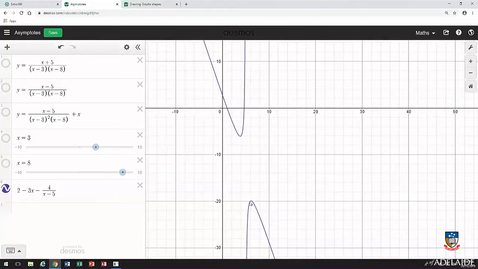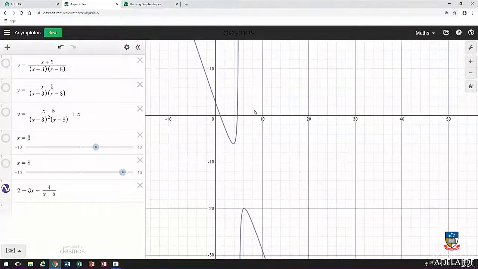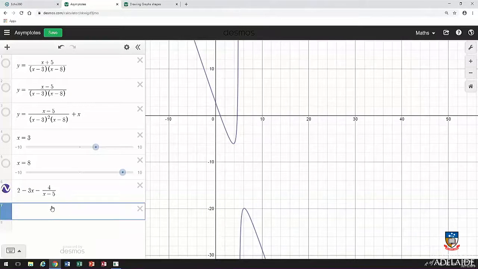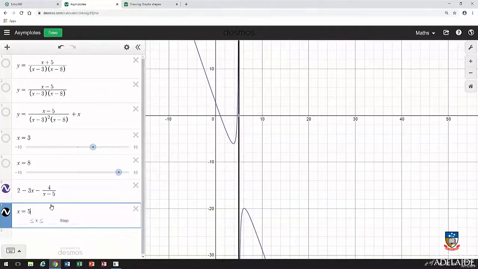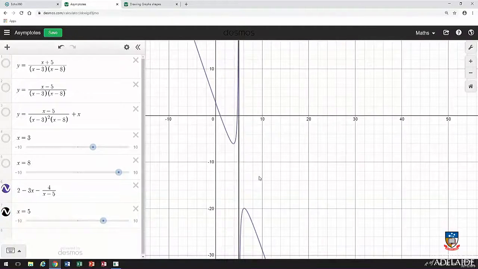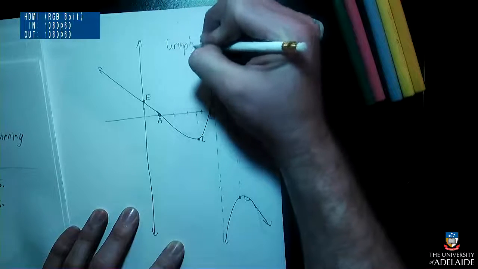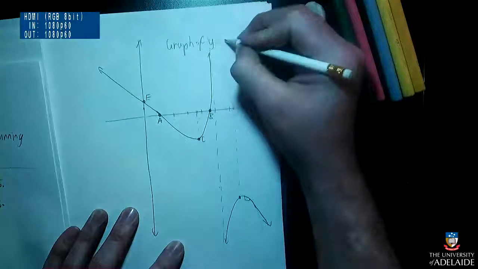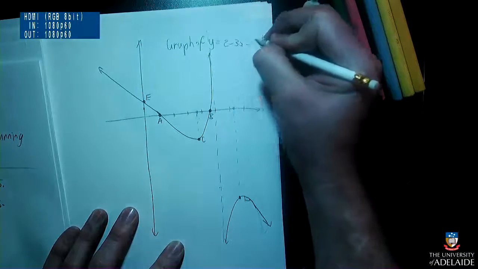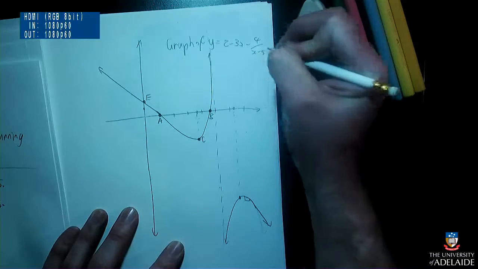And look, it's about 19, about minus 6. It's doing exactly what it was. And let's just draw in the x-asymptote. Yep, there we go. Sweet. Beautiful. I was able to do it. I guess the only other thing on this graph that needs to be done is to label it somewhere as the graph of y equals 2 minus (3x minus 4) over (x minus 5).